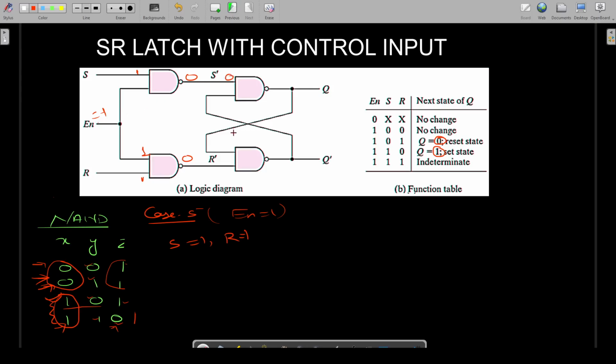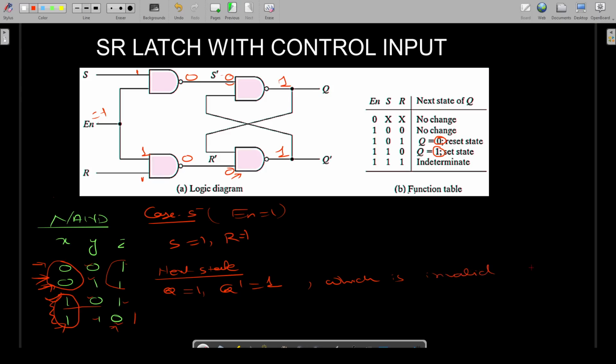Now see, the 0 output is here, 0 is here. Now if to this NAND gate one of the inputs is 0, the output is going to be 1. Here also one of the inputs is equal to 0, so the output is going to be 1. So in the next state, what happened? In the next state, we saw that Q is equal to 1 and Q dash is also equal to 1. So what happens? This is an invalid condition or indeterminate.